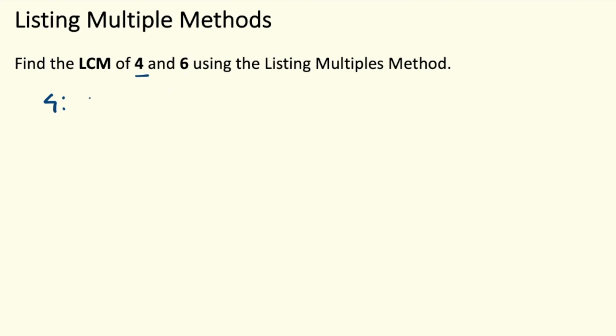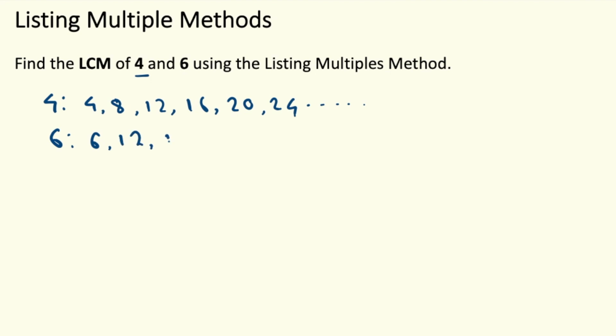So the multiples of 4 are 4, 8, 12, 16, 20, 24 and so on. Similarly, I can list down the multiples of 6. So the multiples of 6 are 6, 12, 18, 24, and so on.